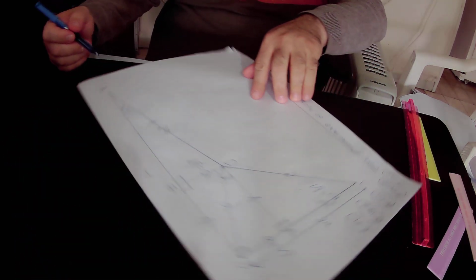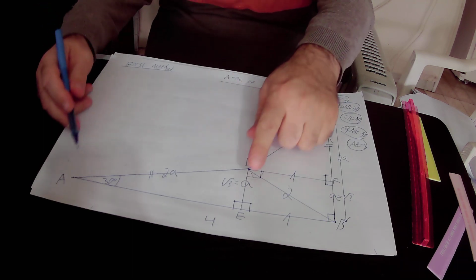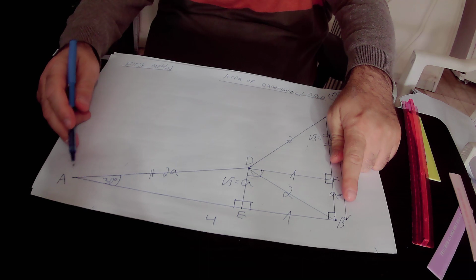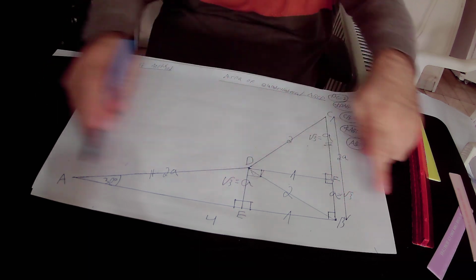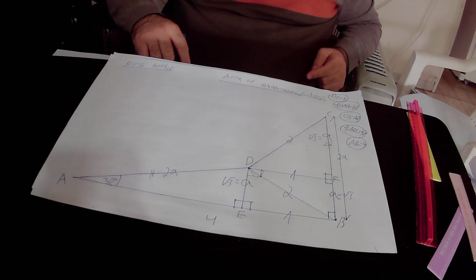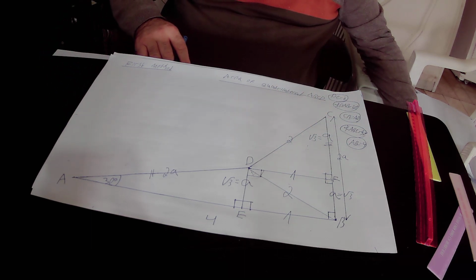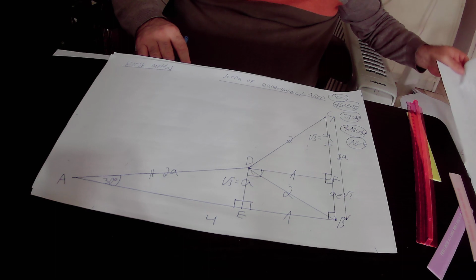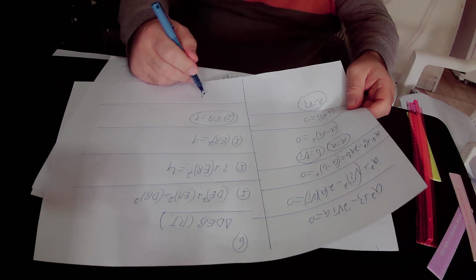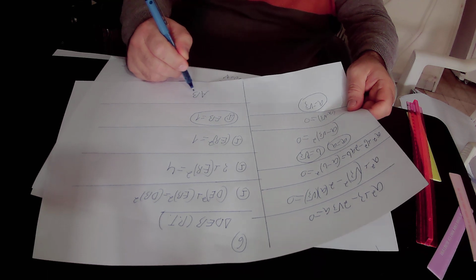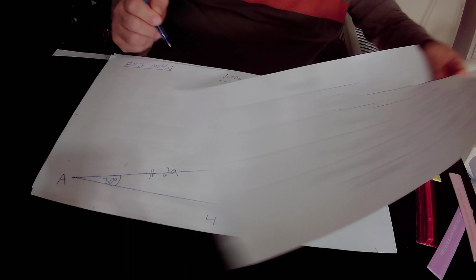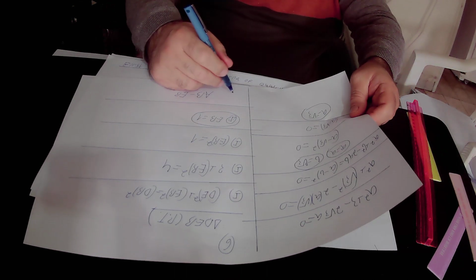And what is the value of AE? The value of AE, it is actually AB minus EB. Again, AB minus EB equals to AE. So I will write it down. AB minus EB equals to AE.